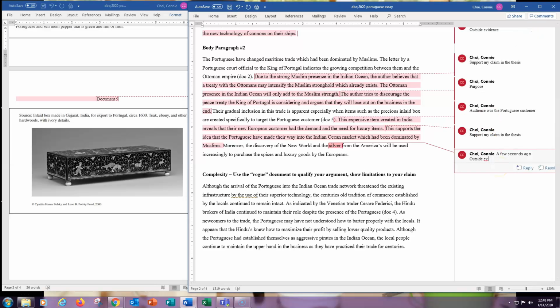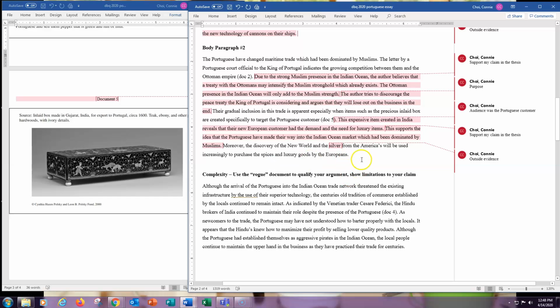We know that the Spanish and the Portuguese are going to draw out, mostly coming from the Spanish, the silver and the gold that's coming from the Americas, and it's going to make its way into the various trade networks, including the Indian Ocean. And so I'm going to use silver as my outside evidence.